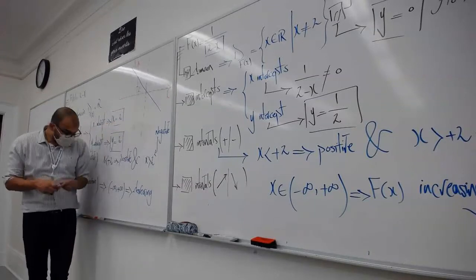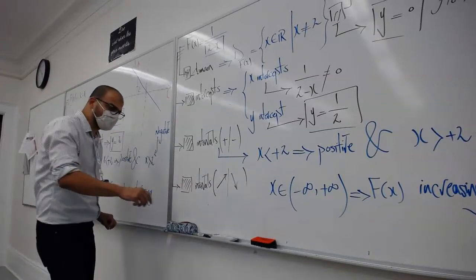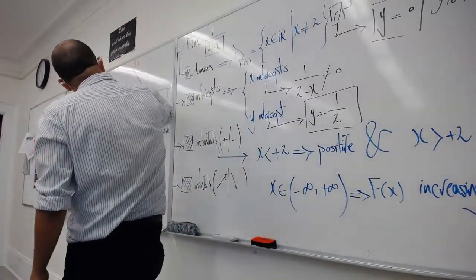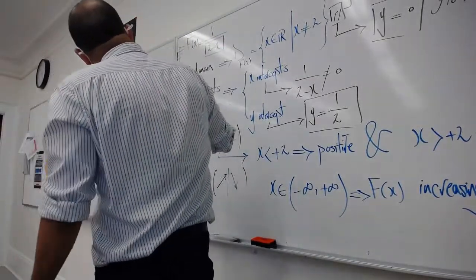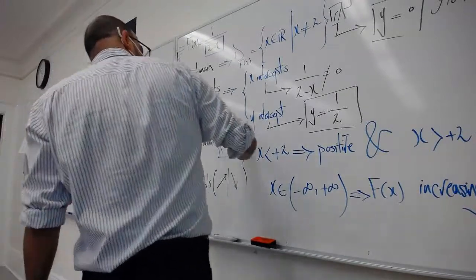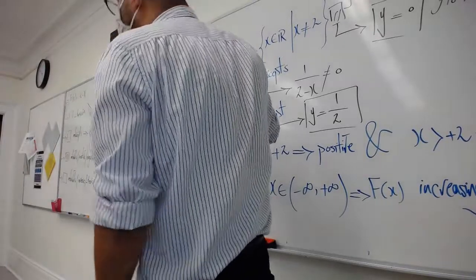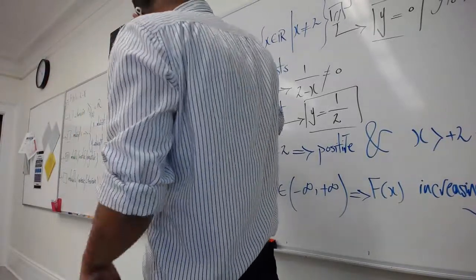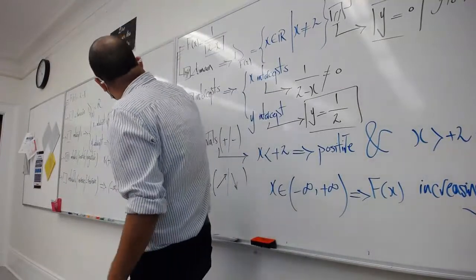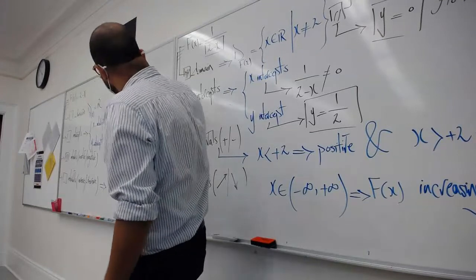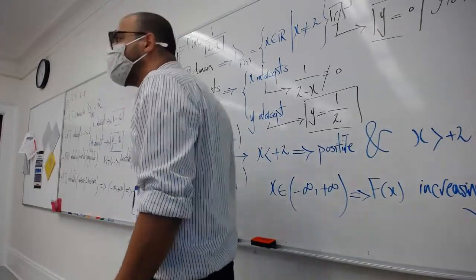If I'm going to plot this function over here, I notice the function has to be what? Sorry, I was talking about positiveness first. Before 2, the function was positive, and after 2, the function becomes negative. That's what we got here. We copy paste it there.